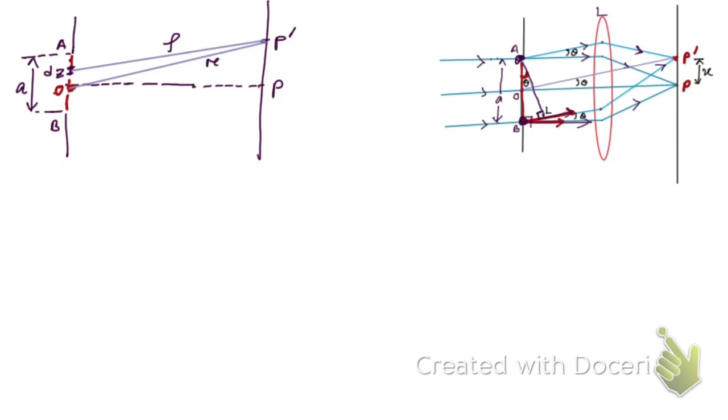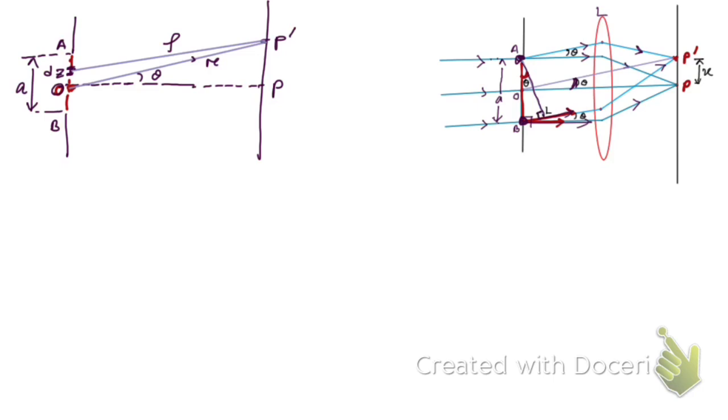Let me take this r, and this angle is theta. And the distance between the center O and dz, this element, is, suppose, z from the origin.